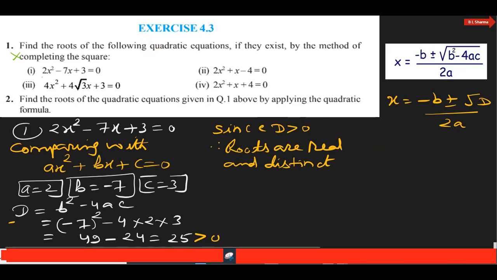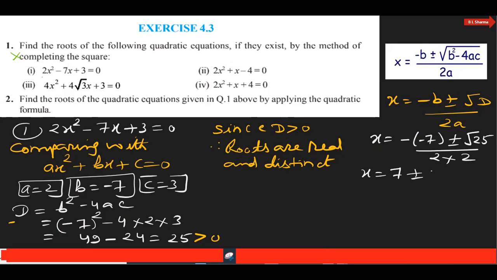So x is equal to minus, what is b? That is minus 7, plus minus square root of 25 upon 2 into a, a is 2. So x is equal to 7 plus minus 5 upon 4.